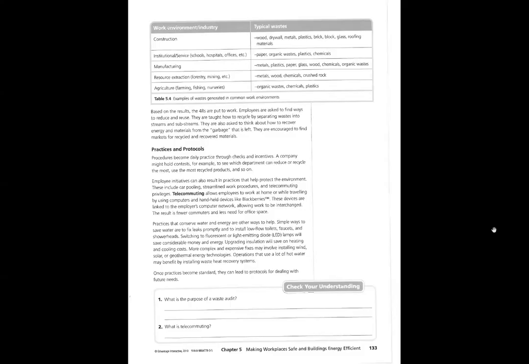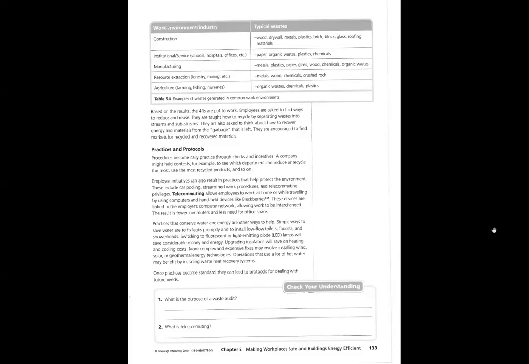Practices that conserve water and energy are other ways to help. We talked a little about that. Not allowing any leakages ever in your house or your workplace. If you have a leaky tap, getting it fixed right away. A leaky tap can use up a lot of water and that will cause waste. Low flow toilets, we talked about that, those ones that have the two different buttons, plus putting a plastic bottle in the toilet so that it uses less water.